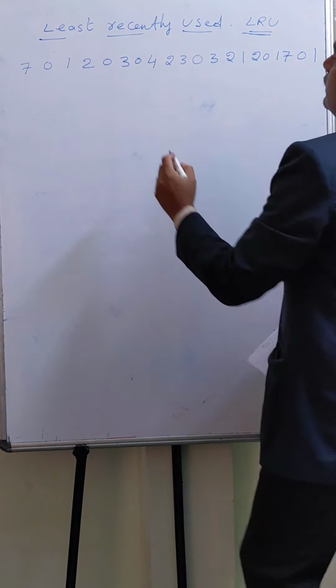So this is the reference string. These are the pages the CPU wants in the main memory. If these pages are not found in the main memory, then it is called a page fault.